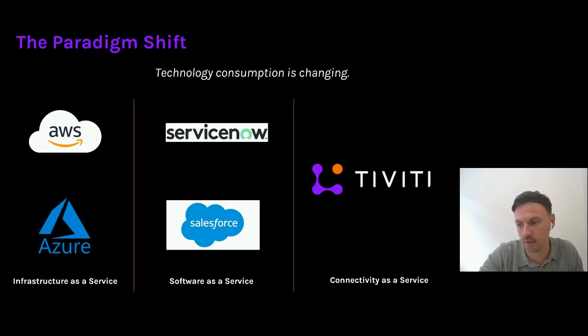We've seen software transition to SaaS with the likes of ServiceNow and Salesforce, but very much there's been very little innovation within the connectivity and infrastructure space, and we'll dive into that in a bit more detail, which talks around more the legacy way of procuring, managing and delivering these services. Tivity are turning that on its head with the real as a service model, but within the traditional networking and connectivity space.